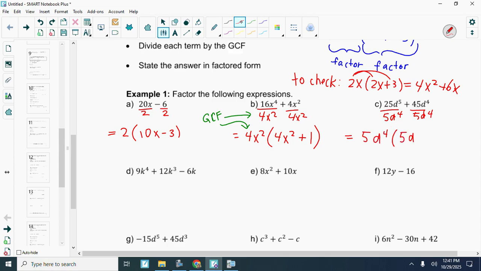We have 5D plus 9. I'm assuming that you guys recognize that D to the power 4 divided by D to the power 4, that these become 1 when they divide out. If you're nodding with me because you're paying attention and you're in agreement.